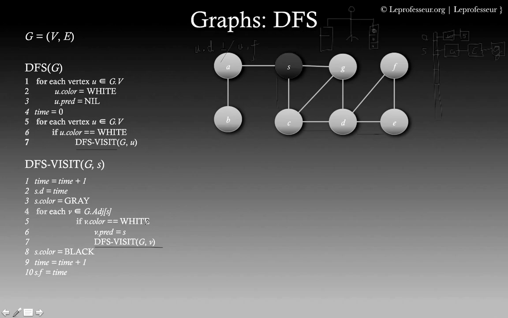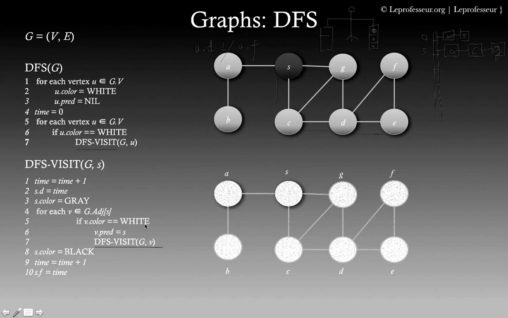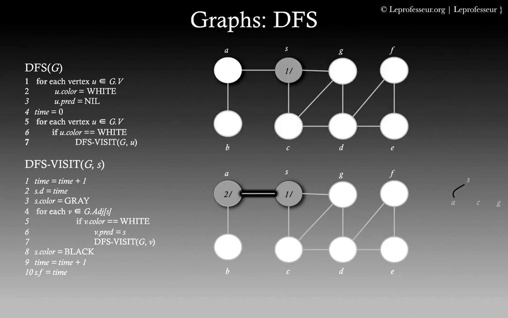So let's see how the algorithm works. Initially, we made all vertices white. Since our starting vertex is S, in the circle, in the node, we are representing the discovered time.